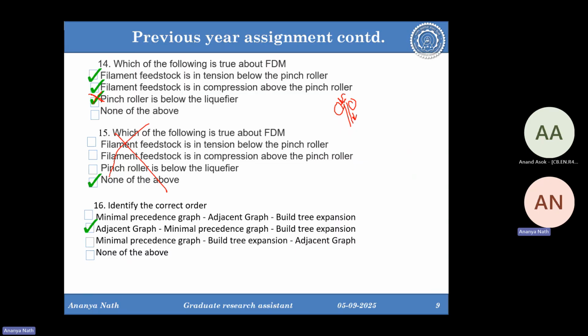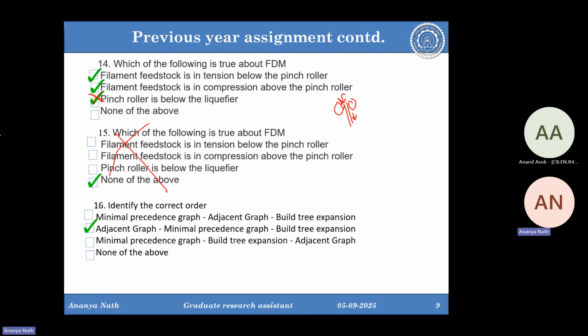Identify the correct order: minimal precedence graph, adjacent graph, and build tree expansion. Correct order means how you can get the final geometry by how you are planning to print. So adjacent graph, first you will see what are the adjacent parts you have.